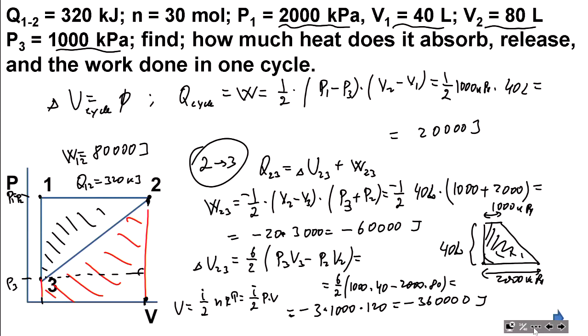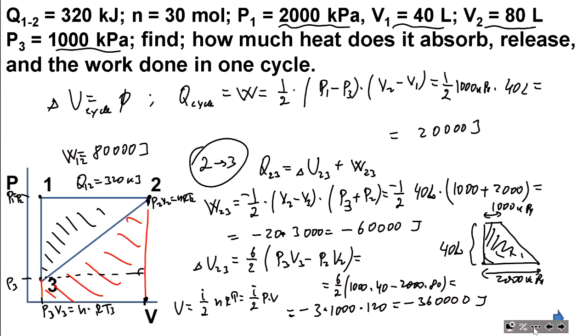We can calculate temperature number 3, because the ideal gas law says P3 V3 should be equal to nRT3. And calculate temperature number 2, P2 V2 equals nRT2, and calculate the temperature difference. So there's always more than one equation.